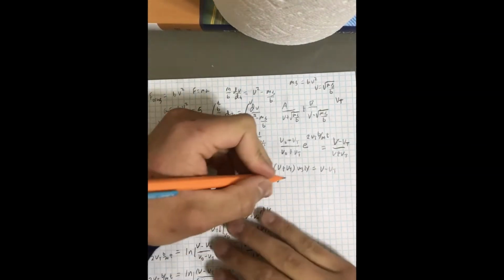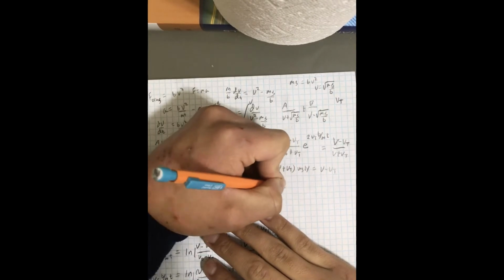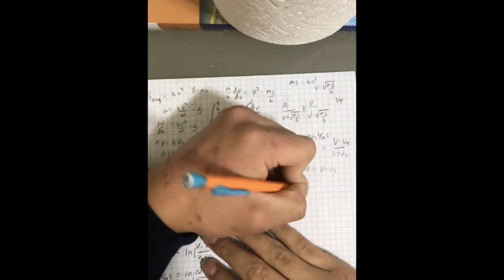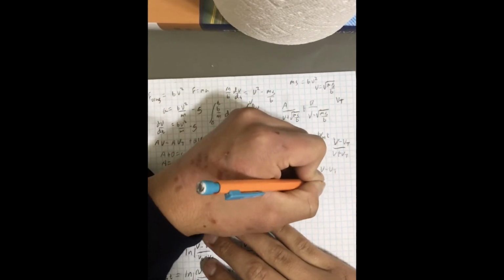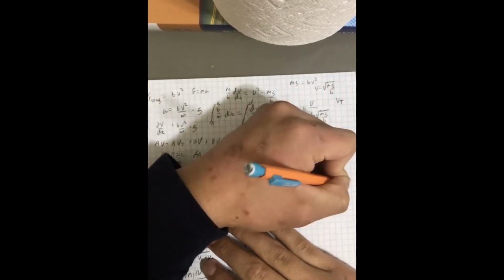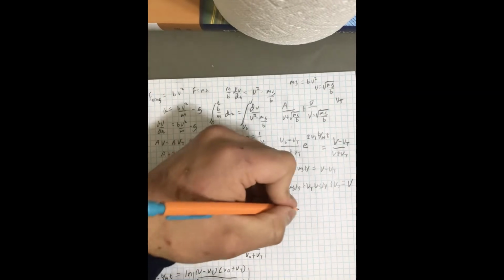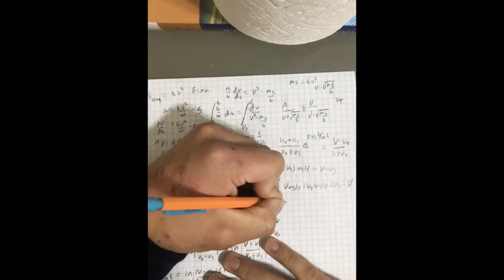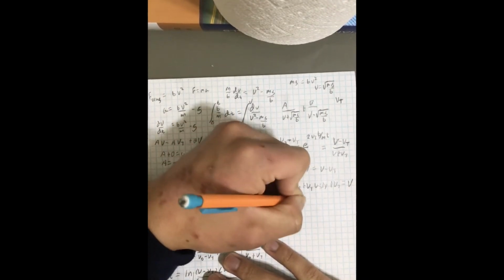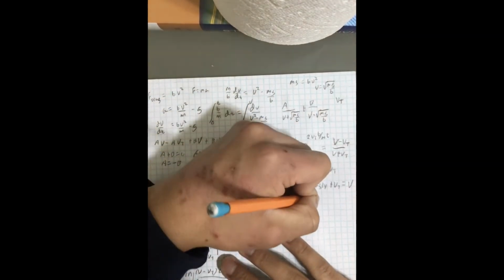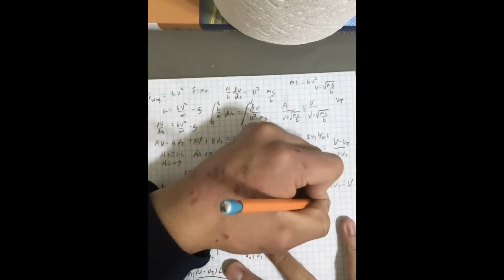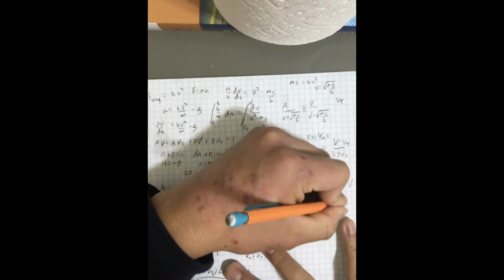Okay, so we distribute the ugly: v ugly plus vt ugly is equal to v minus vt. And so we have vt ugly plus vt is equal to v minus v ugly.